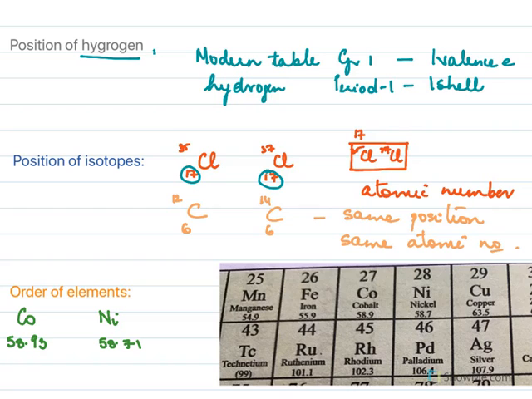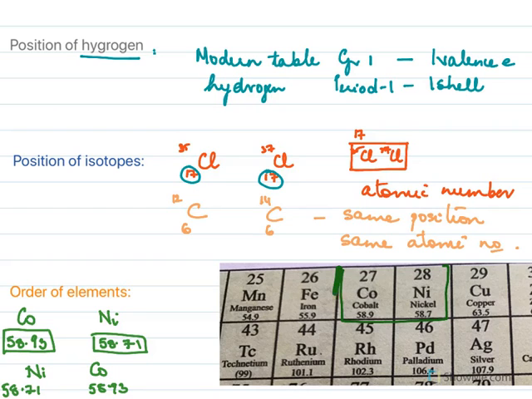Earlier we also saw how cobalt was put before nickel, although nickel should have been put first and then cobalt, but he could not explain why. See, cobalt had an atomic mass more than nickel. Nickel should have been placed first with 58.71 and cobalt was 58.93, but he placed cobalt first and then nickel. We discussed this earlier. But when you come to the modern table, see, cobalt is placed first and then nickel.